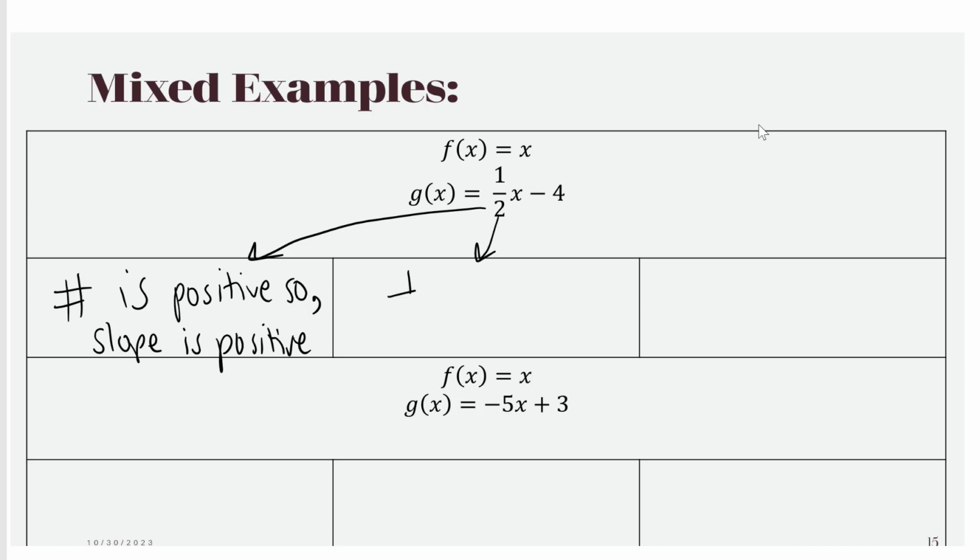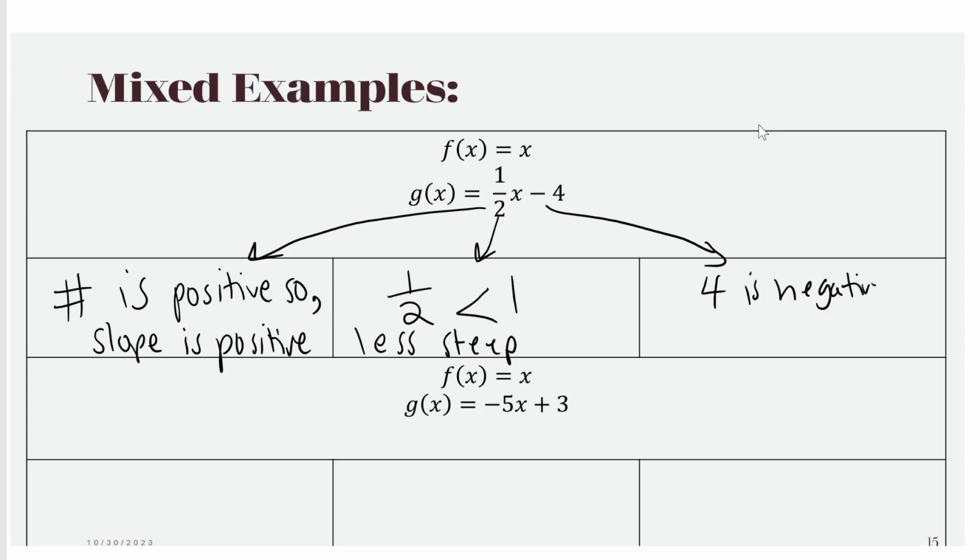Next, 1/2 is less than 1. So that means it's less steep. -4, 4 is negative. So that means shift down 4.